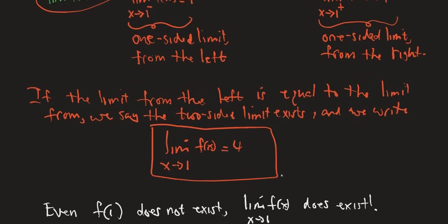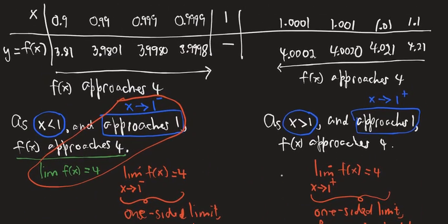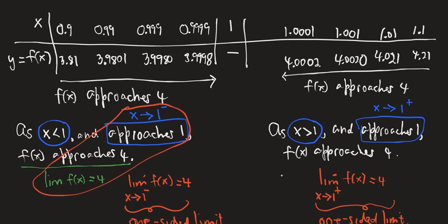This idea of using a table is helpful, but it's not efficient. This method is basically called a numerical approach, or tabular approach. What you're doing is looking for a certain pattern in the y values by using a certain pattern in your x values. But tables don't always work.